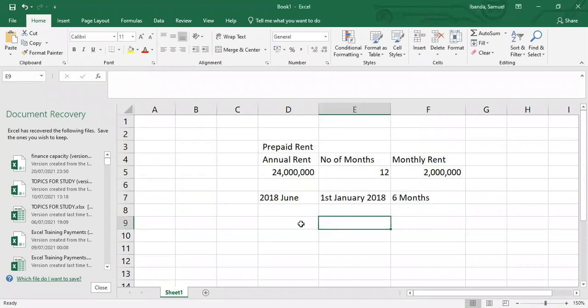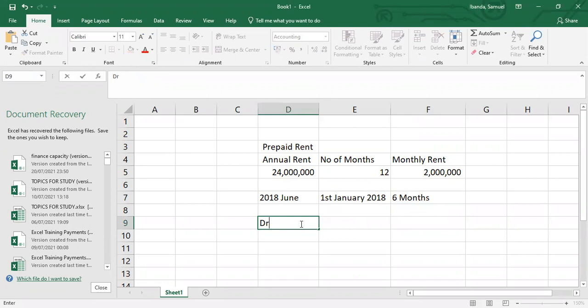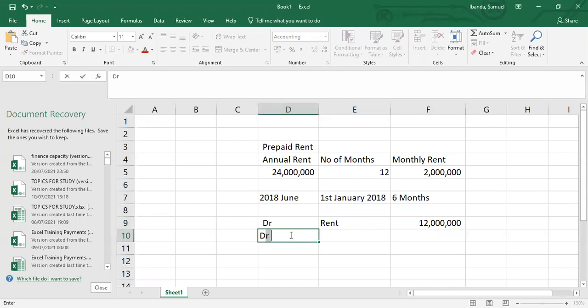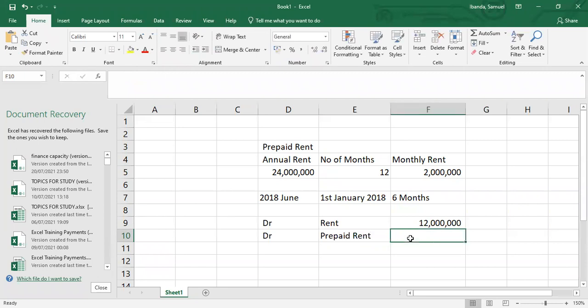So what we shall do is we shall go ahead to recognize rent for the 6 months, for that period. And then we shall also go ahead to recognize the prepaid rent, the rent that relates to the next financial year.